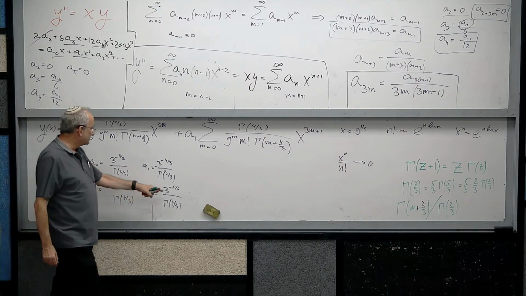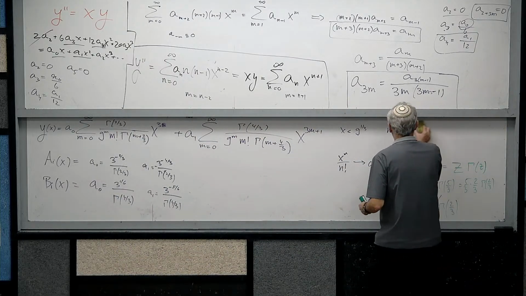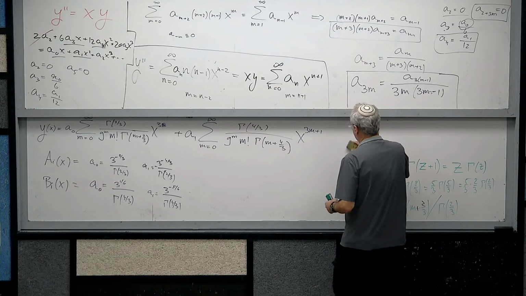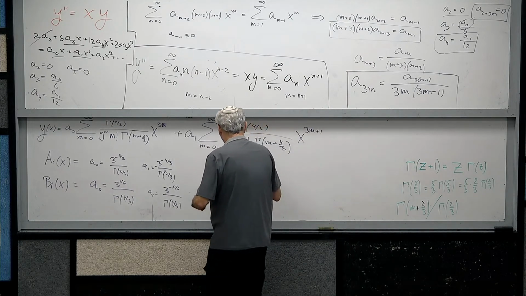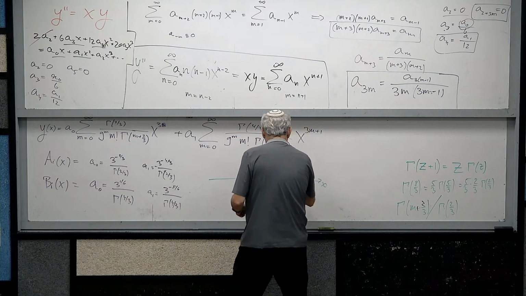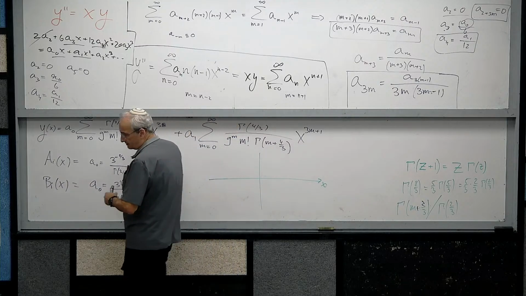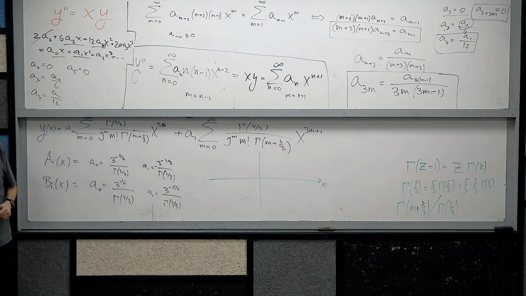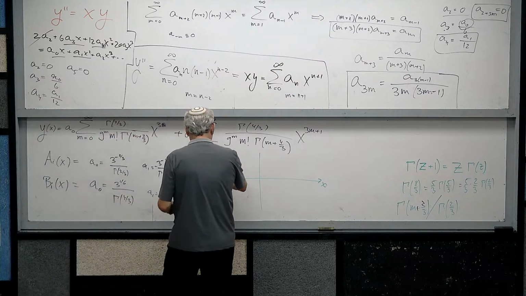What's nice in this particular choice of a0 and a1 is that the Airy and the Bailey have very definite behavior. So if this is x and this is 0, both of them are oscillating here.